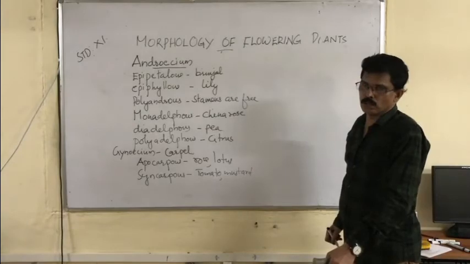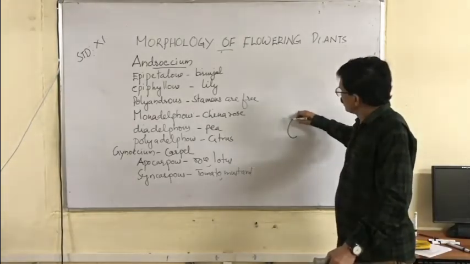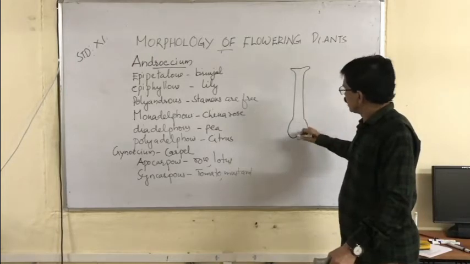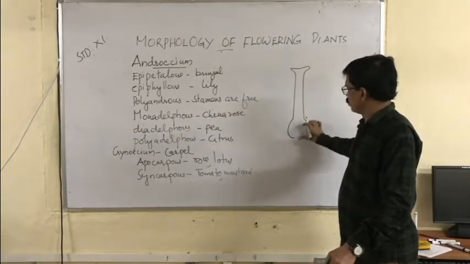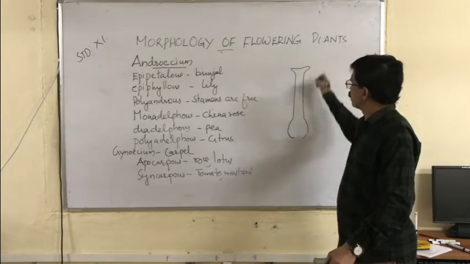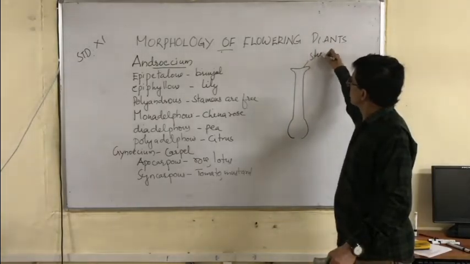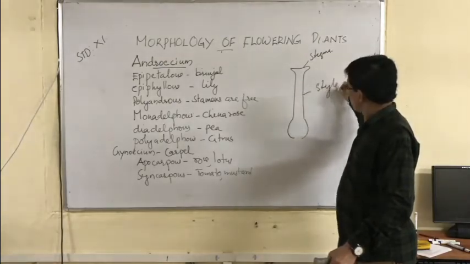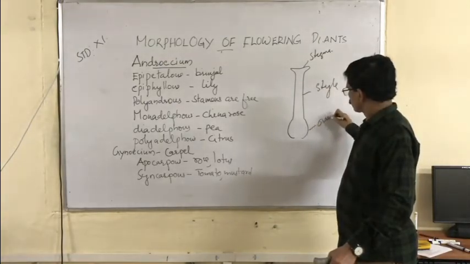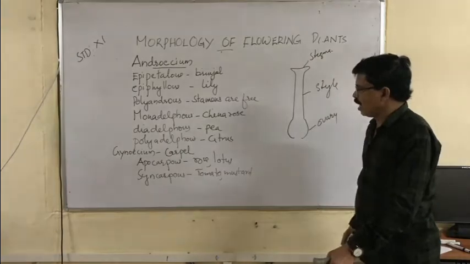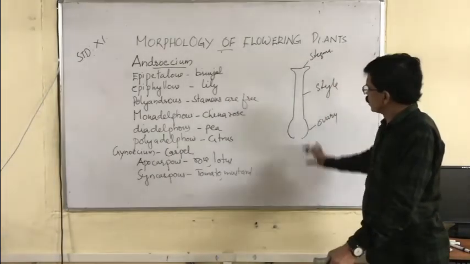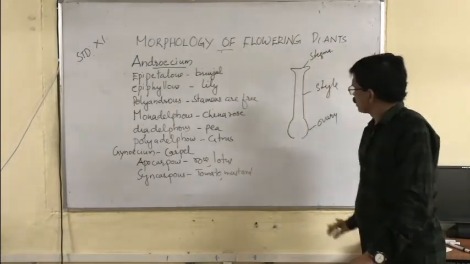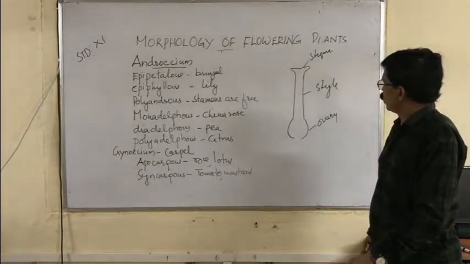Some people say gynoecium or pistil has three parts, no problem, but individually a carpel has three parts: stigma, style, and ovary. So the individual unit of the pistil or gynoecium is called a carpel.